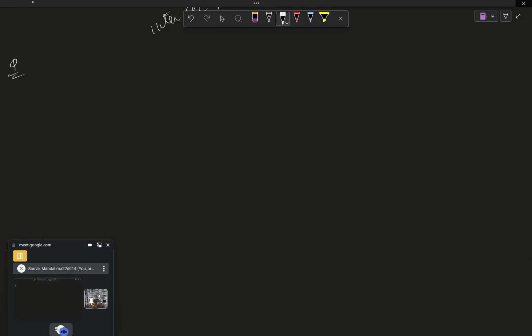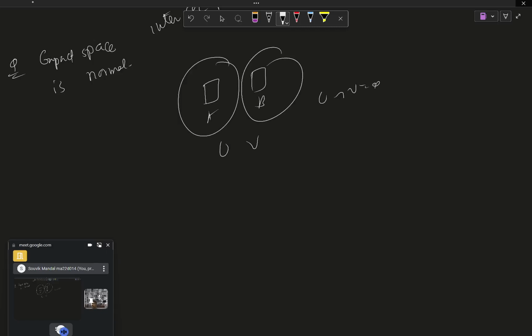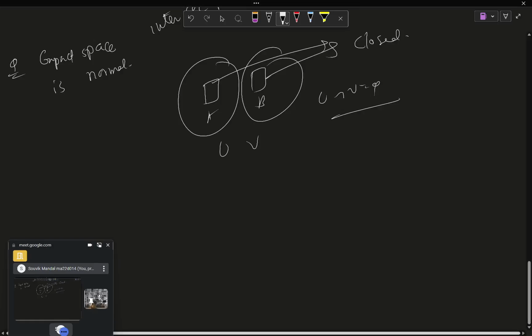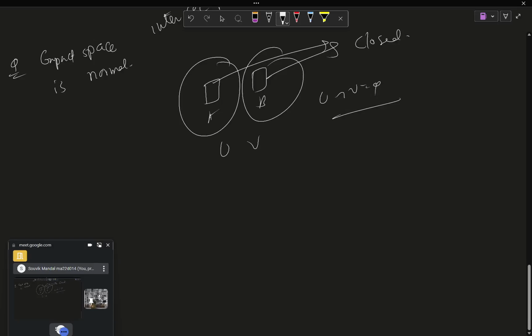The first question is as follows: any compact Hausdorff space is normal. That means if we take any two disjoint closed sets A, B, then there are disjoint open sets U and V, so the intersection is empty, containing A and B respectively.